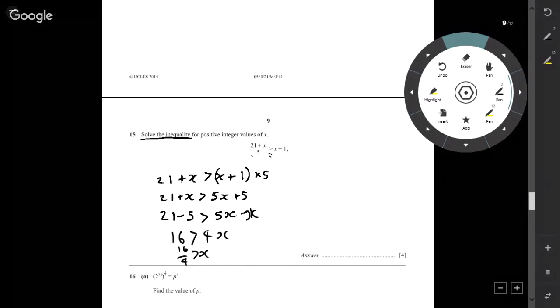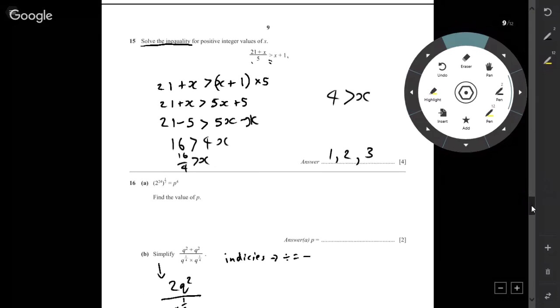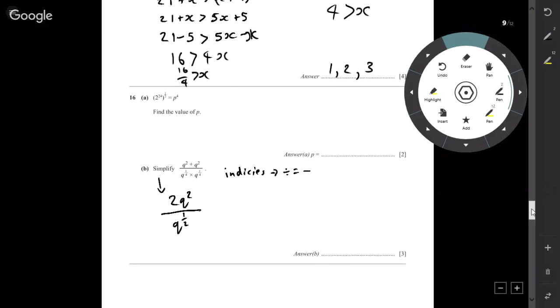So x is smaller than 4. So we can write that. Now the answer will be any positive numbers below 4. So that's 1, 2, and 3. You could also put 0. They wouldn't mark it wrong, but they're the 3 numbers that x could be.